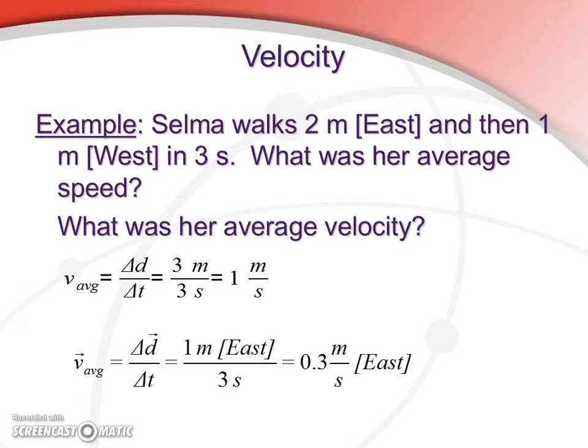And here's where it gets interesting. Her average velocity is very different. So her displacement is just 1 meter east. And that took her 3 seconds to get there. So 1 over 3, 0.3 meters per second east is her average velocity, even though she was never going that slow.